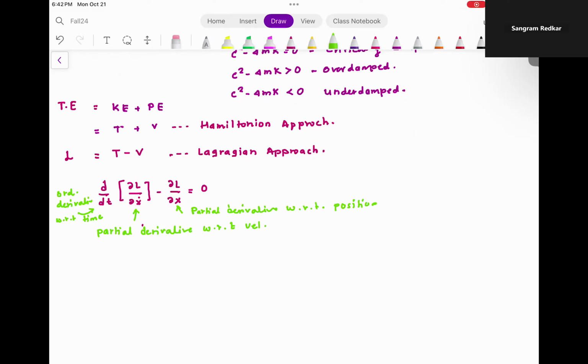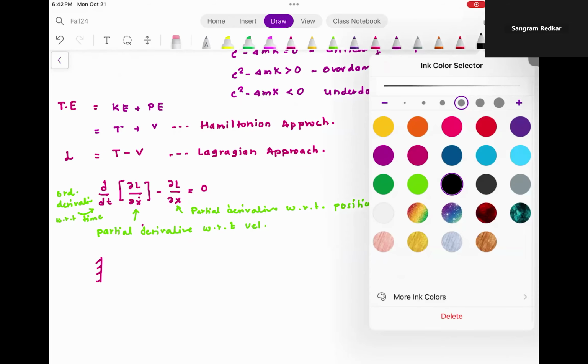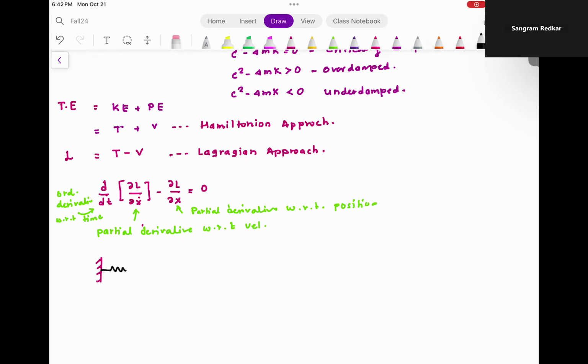The example is the same example. I have the spring mass system. I have M, I have K. First, I need to find out the kinetic energy. Kinetic energy is T. Do you agree with me? It is going to be 1/2 m x dot square.